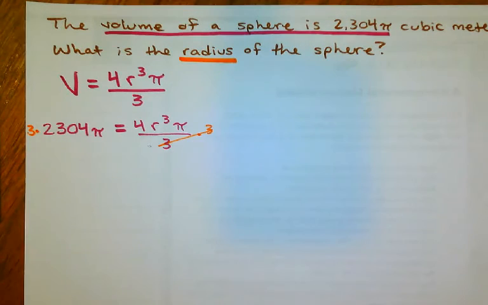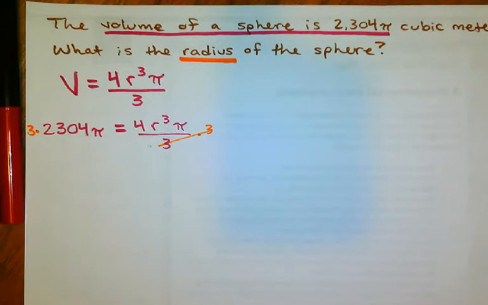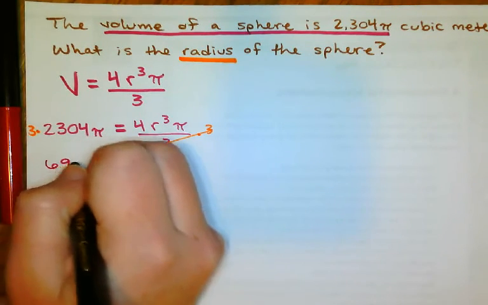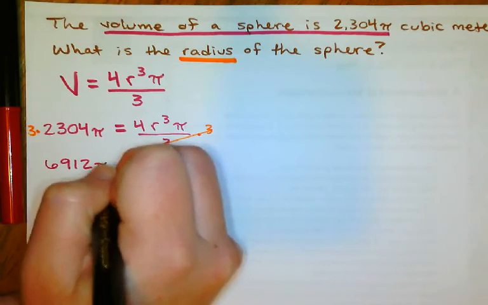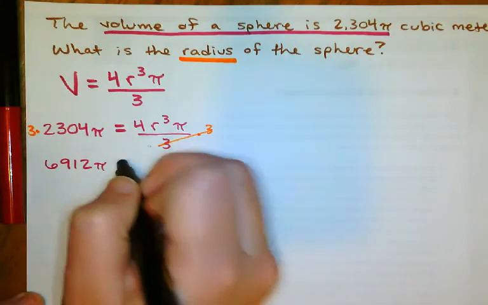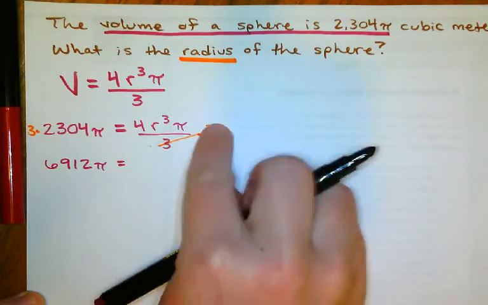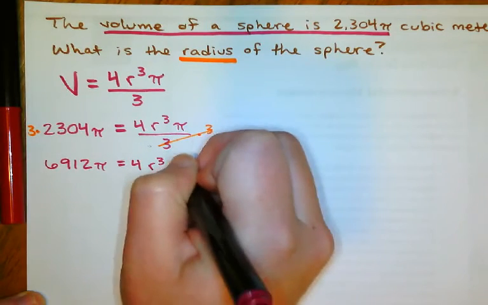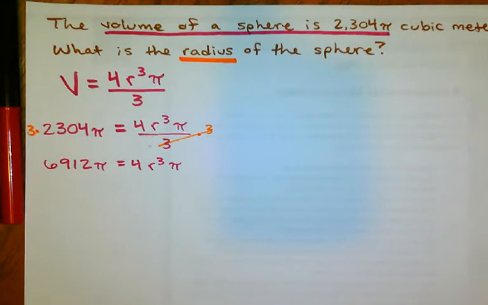Alright, so that leaves us with 6,912 pi. And then on the other side, we now no longer have a fraction, so it's just 4r cubed and pi.